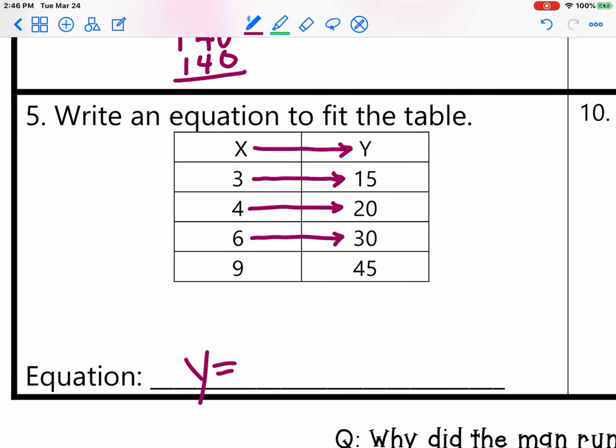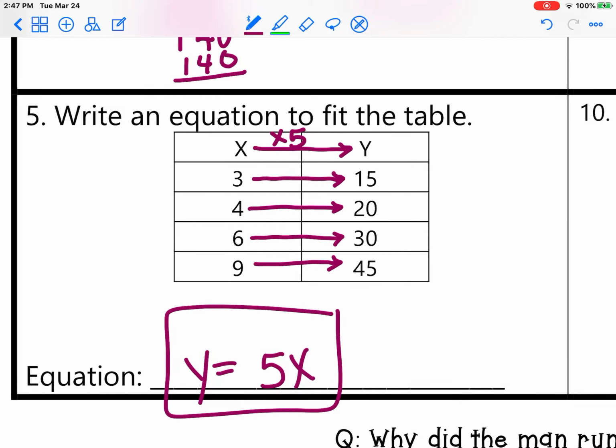If I'm going from 6 to 30, I have to figure out what's happening. It looks like what's happening each time is it's being multiplied times 5. So, my equation is y equals 5x. Not x5, not x times 5, no parentheses, no multiplication symbols, just y equals 5x.